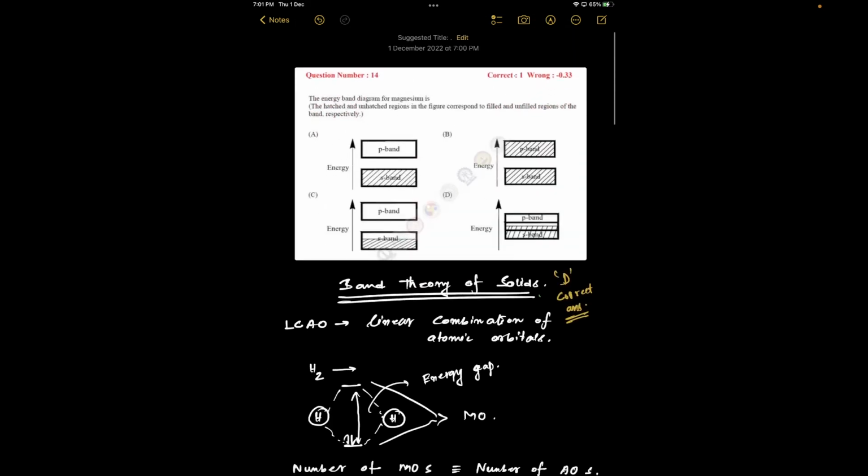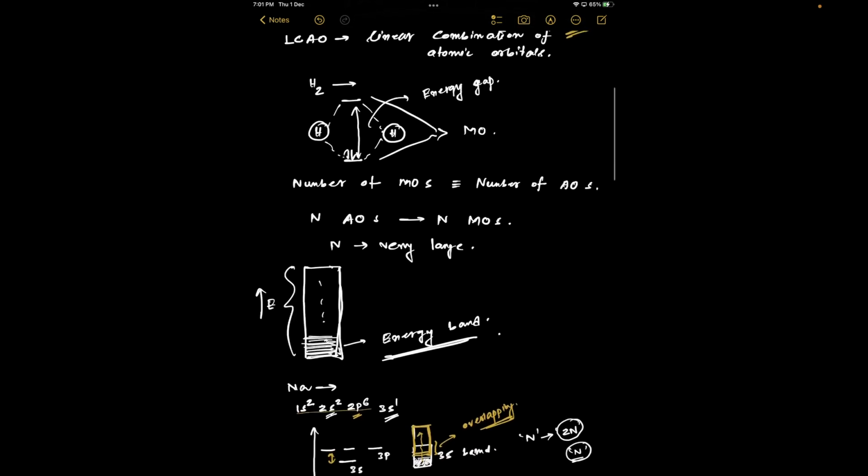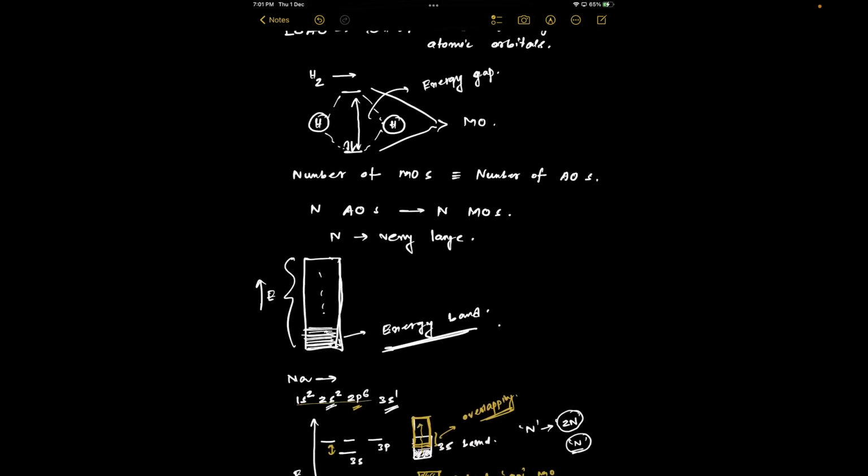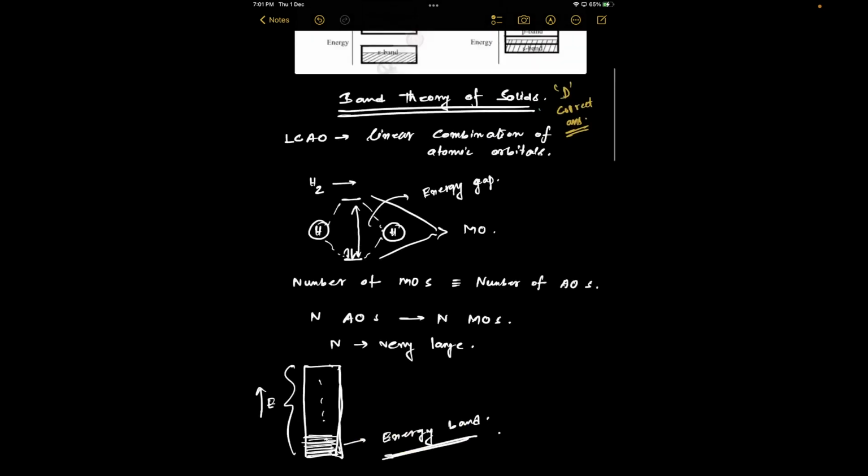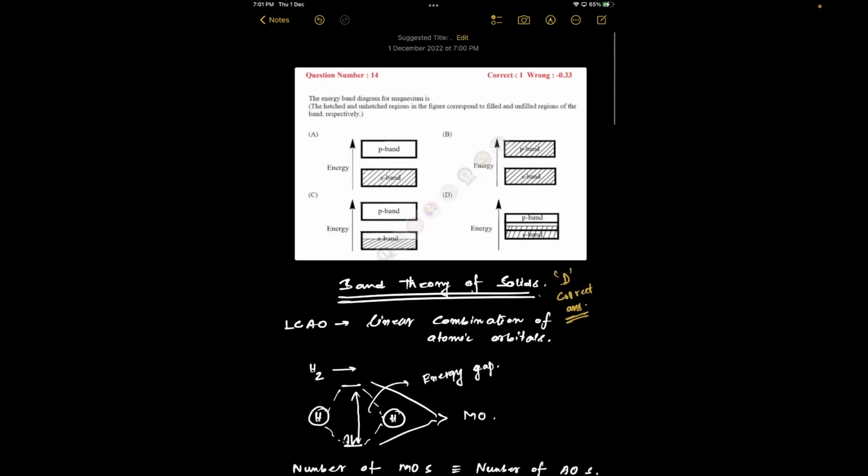And there is a lot of research going on in the semiconductor field, in the high temperature semiconductor field, on how to synthesize a semiconductor which can conduct electricity at room temperature. Okay, so in this case the correct answer will be option D.